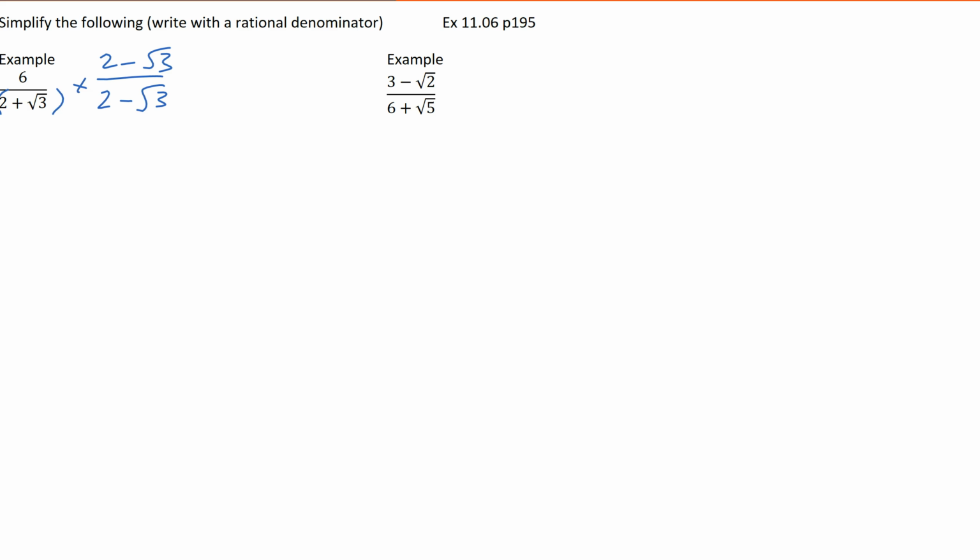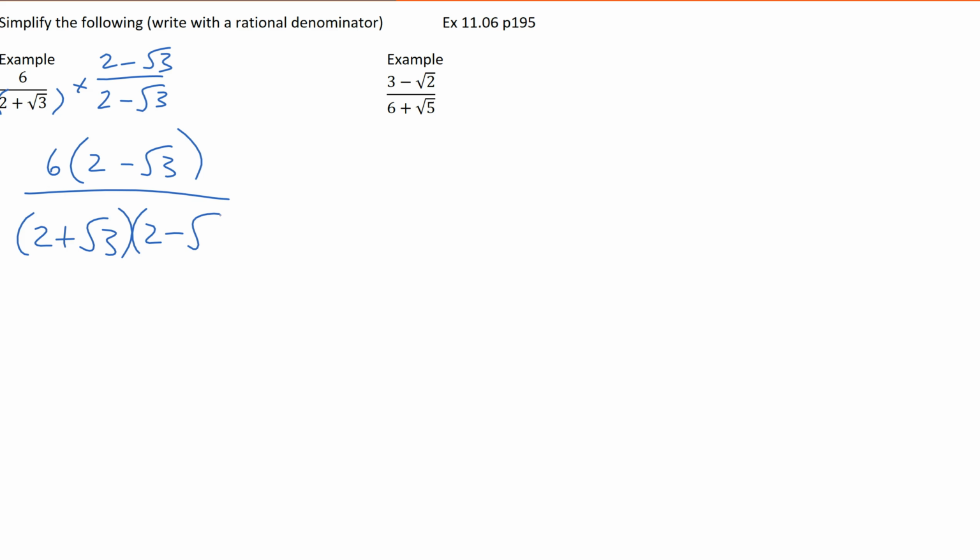So top line, that's just 6 times 2 minus root 3 all over 2 plus root 3, 2 minus root 3. Just writing it out so you can see it. I'll expand the brackets. 12 minus 6 root 3, all over 2 times 2, which is 4.